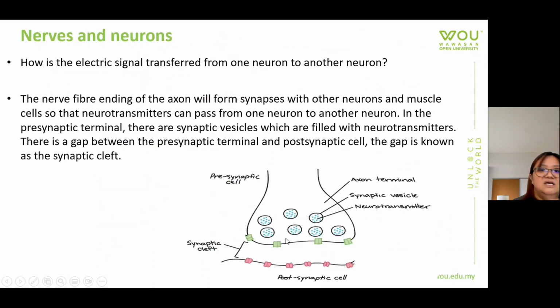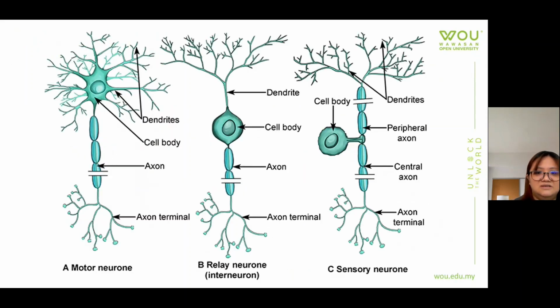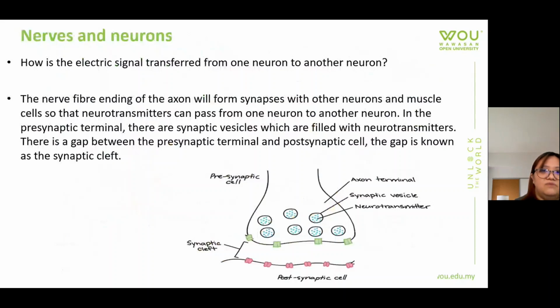The nerve fiber ending of the axon will form the synapse with another neuron or a muscle cell, so that the neurotransmitter can pass from one neuron to another neuron. In between one neuron and another neuron there's a gap. That is where, in layman's terms, we call the electrical shock will happen. When the electrical shock happens, information will pass from here to the other side.